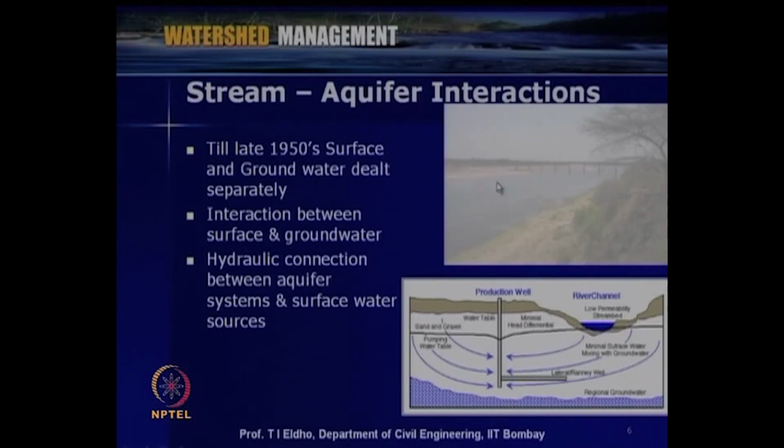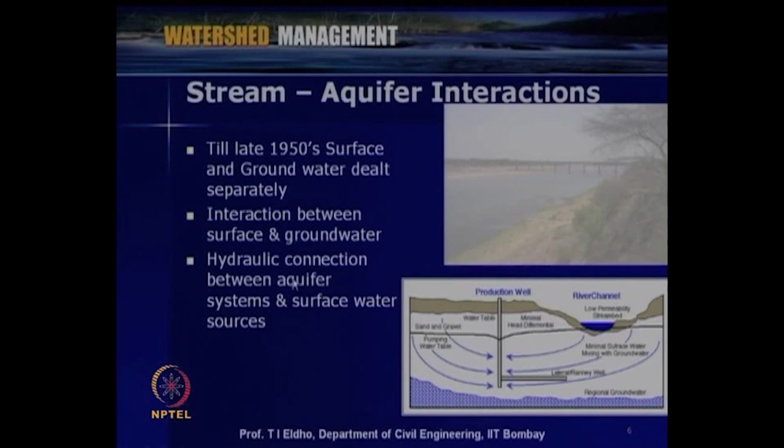Similarly, in summer, when the river level goes down, water comes from the nearby aquifer systems to the river. So there is a constant interaction between surface water and groundwater. We cannot separate them and do a study; we have to see their interactions.